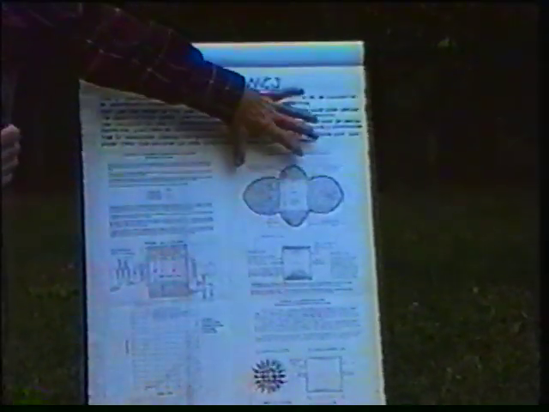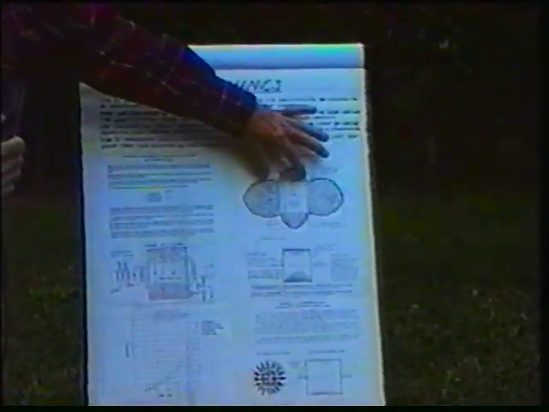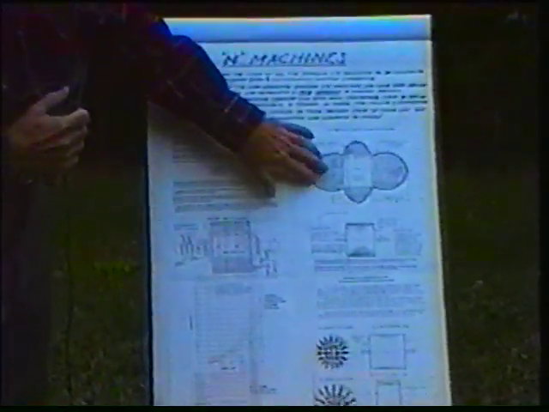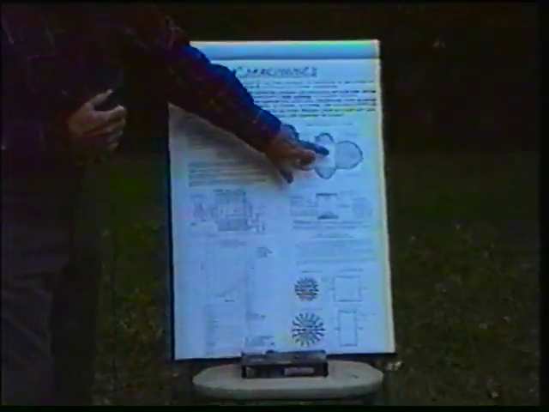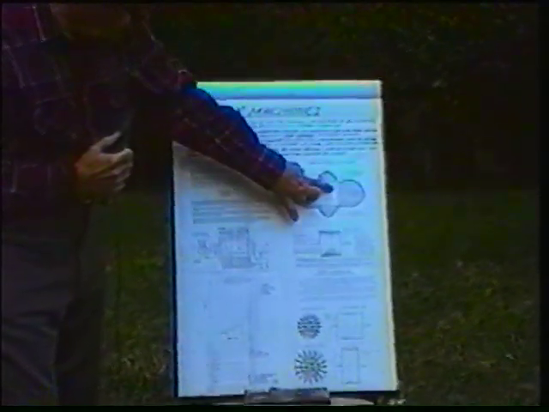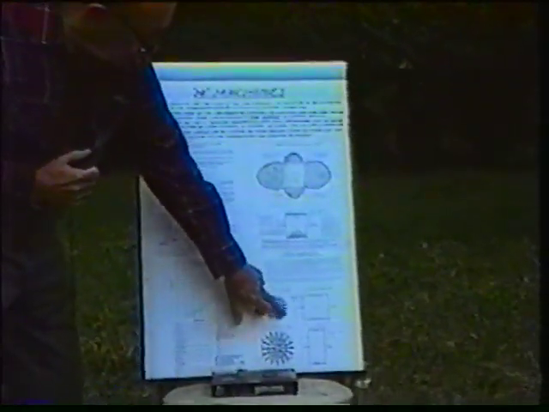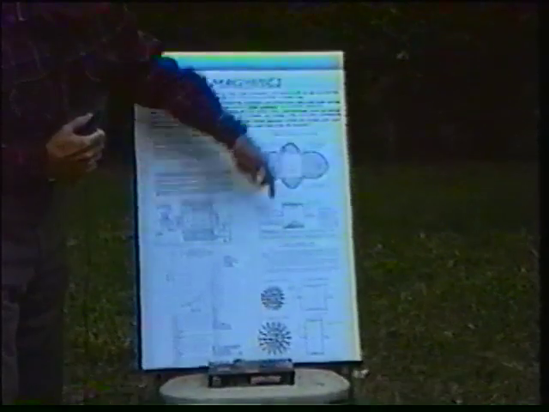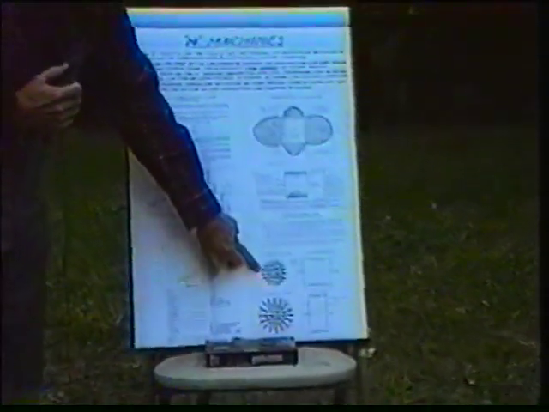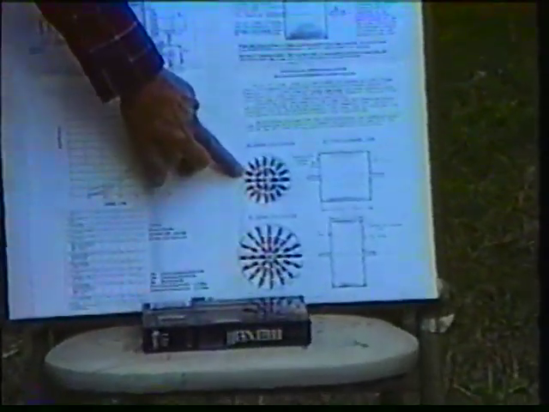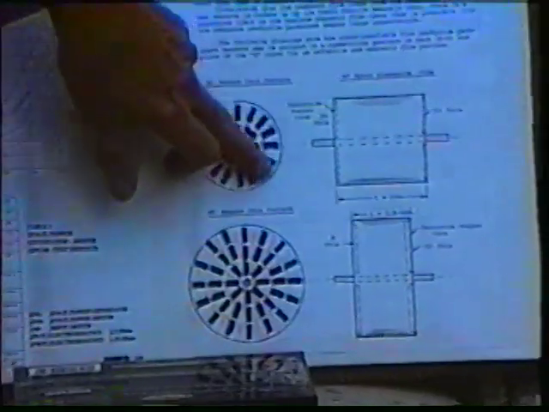But now we'll go over to the fully magnetic N type of rotor. Now this is built with both ferrite magnets in the core and neodymium magnets on the faces. The neodymium type of magnet is the latest evolution in permanent magnets, and they are very powerful.